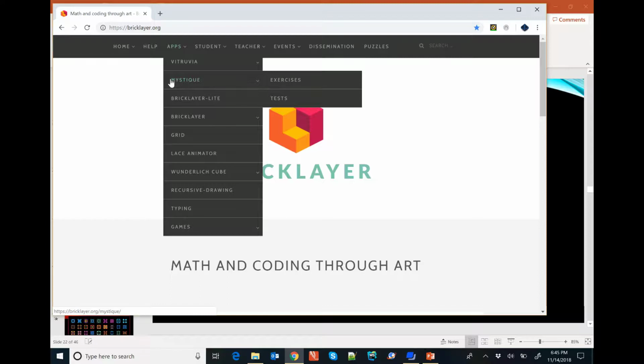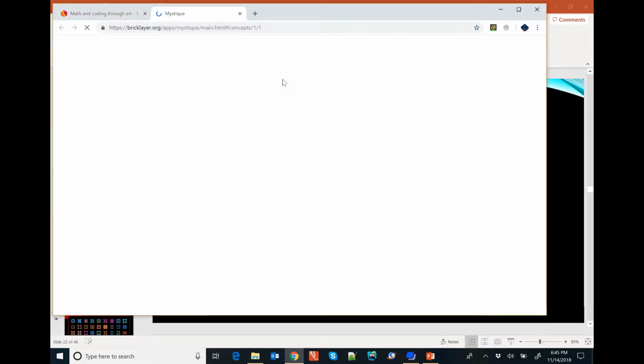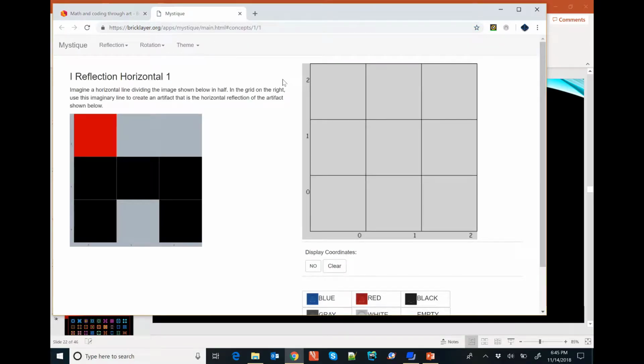One of them is called Mystique, inspired by the Marvel character who can do the mirror image of who she sees, basically. In this one here, you're supposed to create the object that would be created if you did the horizontal reflection of this object.